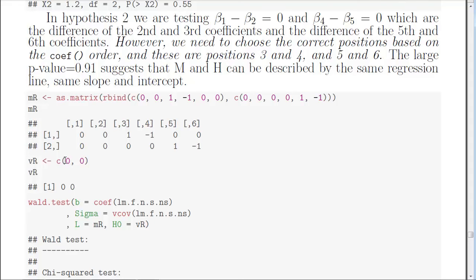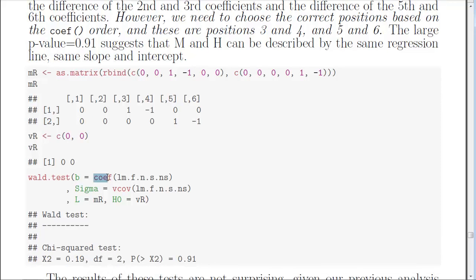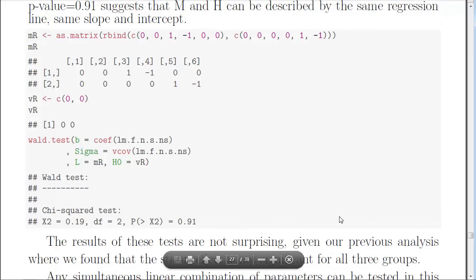The right-hand side are both equal to 0. That's this value here, 0 and 0 in those hypothesis equations. And then I just plug them in. Here's the betas. We need this variance covariance matrix as sigma, and then we've got the matrix on the left-hand side and these two zeros on the right-hand side. And when we look at the result of the Wald test, in fact, the medium and high groups are not significantly different in terms of their regression lines.